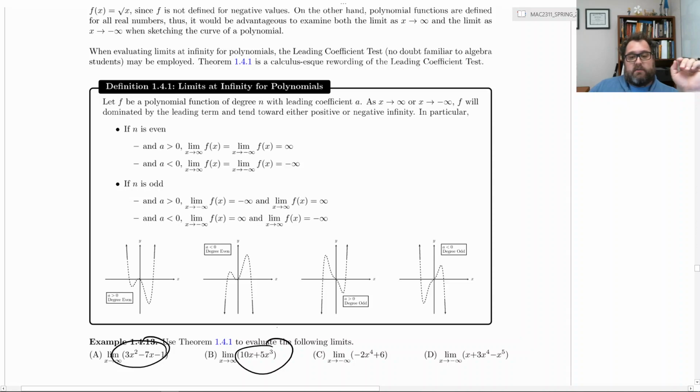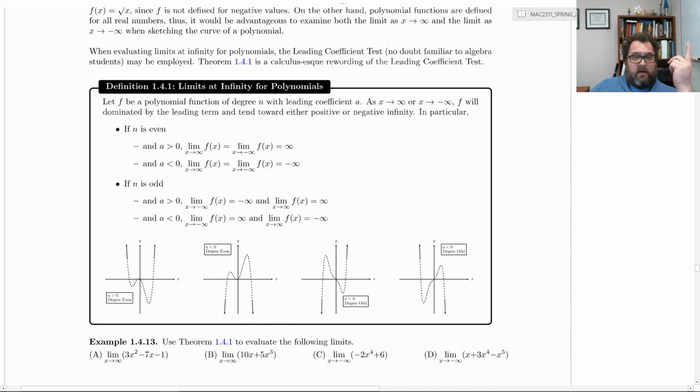And here's what the leading coefficient test says. You first identify the degree. What's the degree? The degree is the highest power of x. So, like for this first example A, the degree is 2.